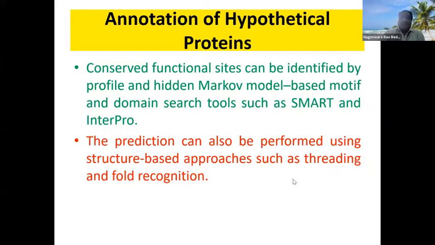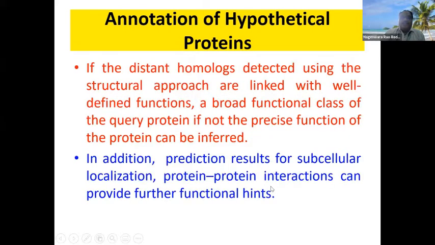So we can use different structure-based approaches such as threading and fold recognition for predicting the structure. And now there is another way. So far we have seen that homologs can be used, a protein domain can be used, a motif can be used, or structure-based approaches, fold recognition or threading, can be used.